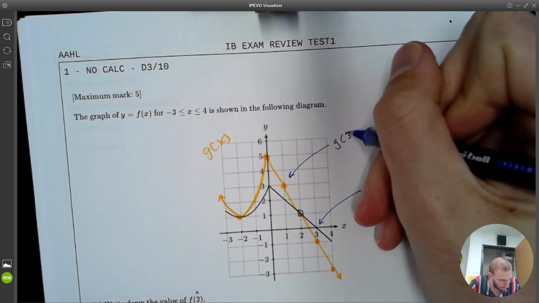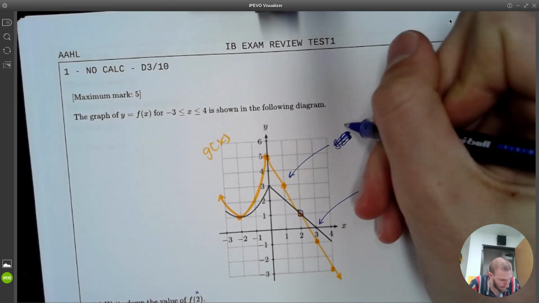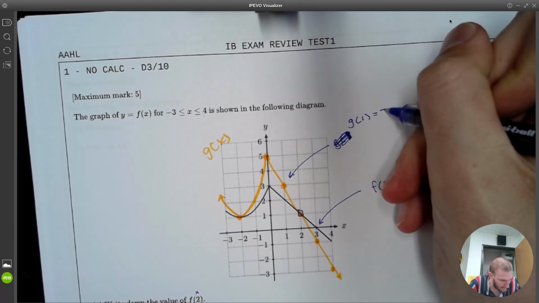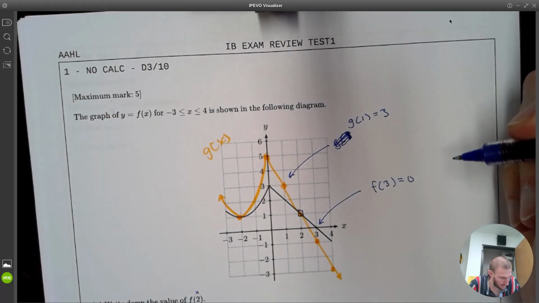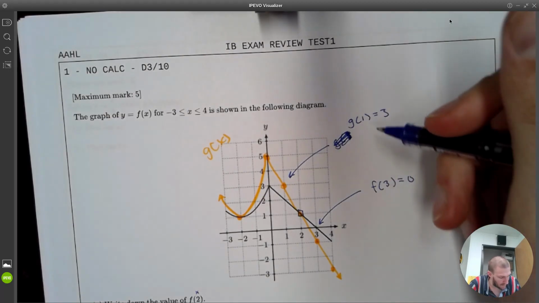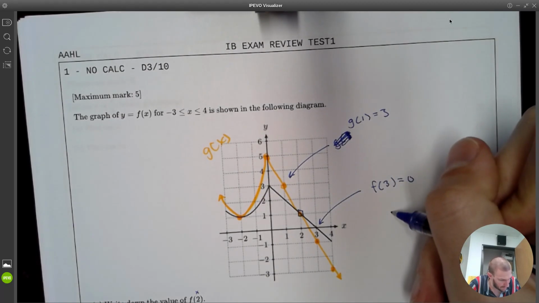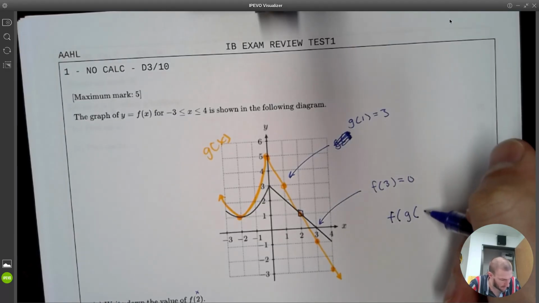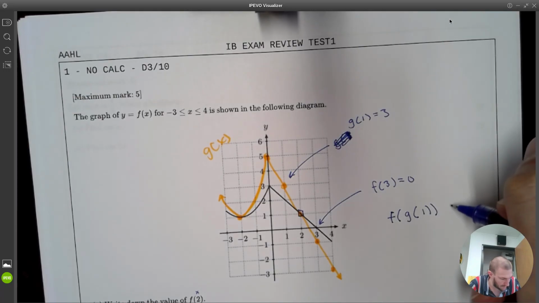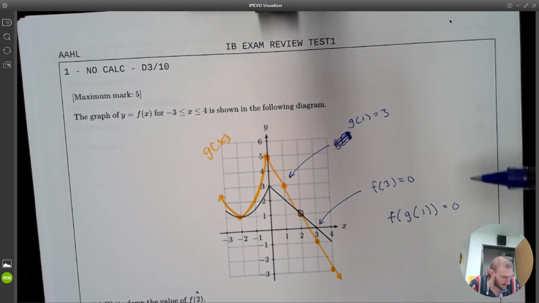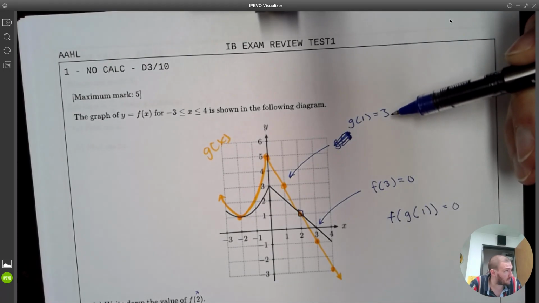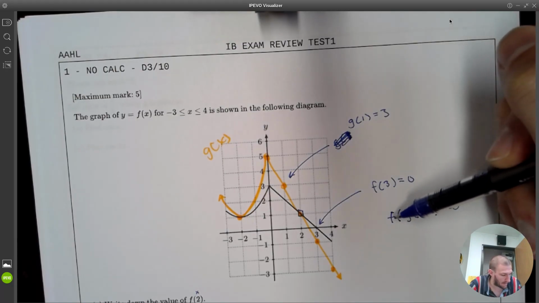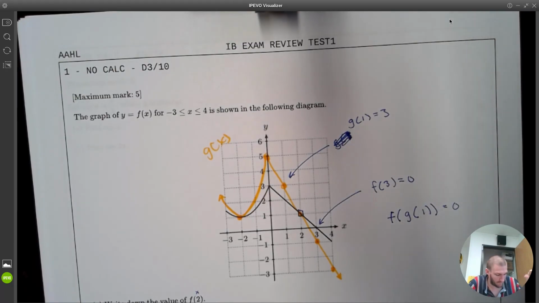Or hold up. G of 1 is equal to 3. So that means that f of g of 1 is equal to 0. Because g of 1 becomes 3, because f of 3 becomes 0.